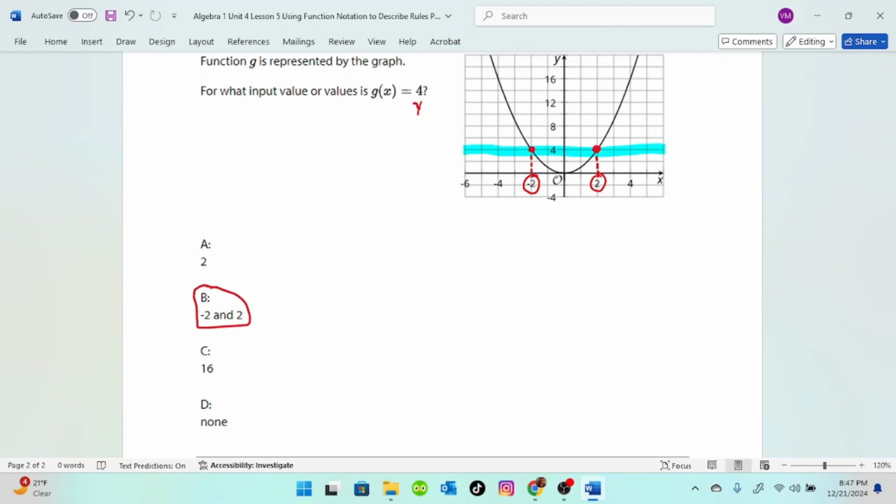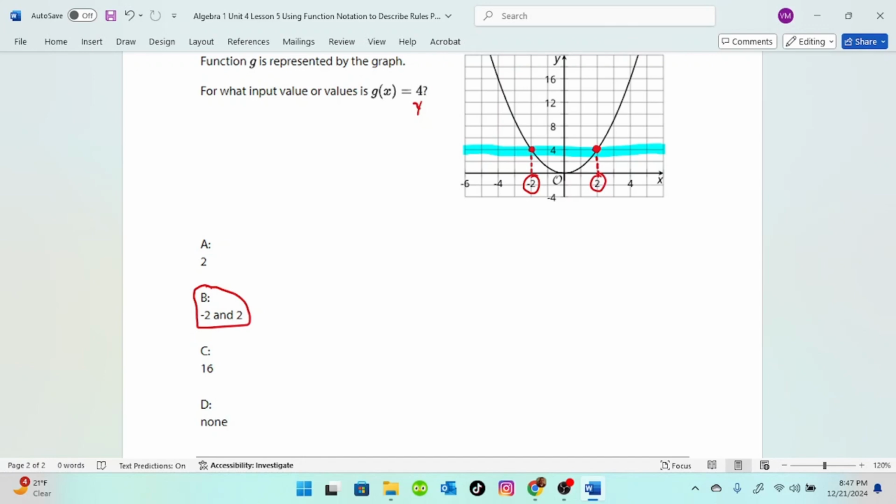And one thing I want you to notice is that you can have a function where an output goes to two different inputs, and that is still a function. What you wouldn't be able to have is one input having two outputs.